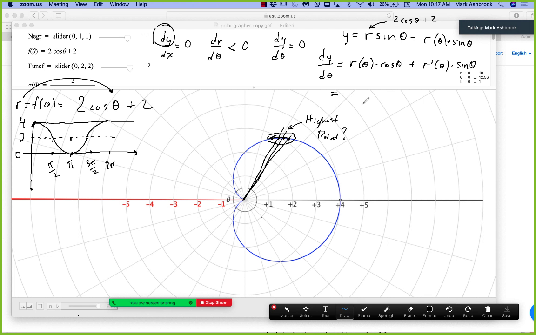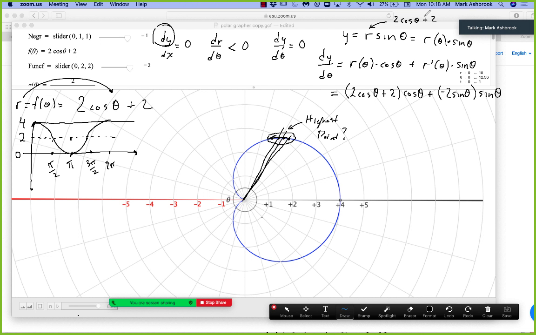So now for our particular graph, we can write out what it is. r of theta is 2 cosine theta plus 2. And what's r prime of theta? r prime will be negative 2 sine theta.